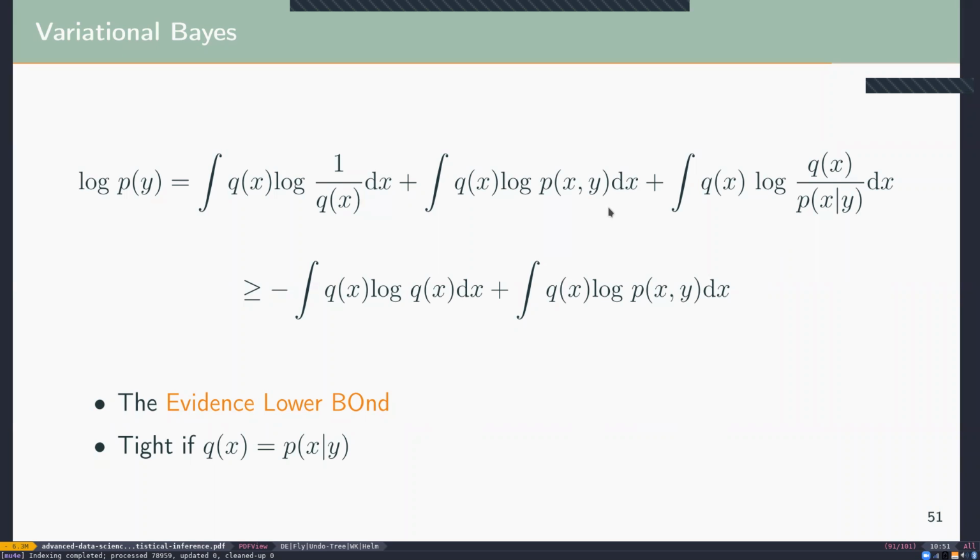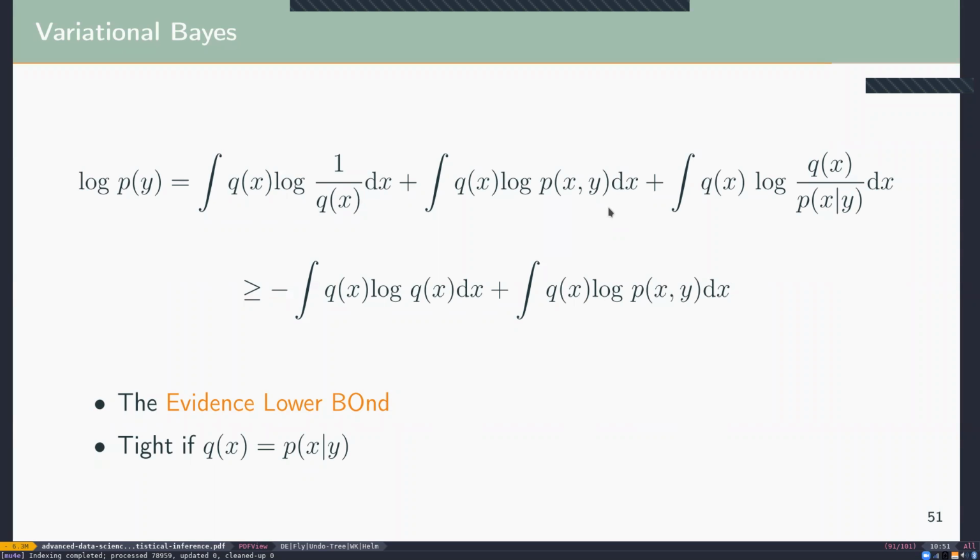And then we've got this last term here. This last term contains the object that we wanted to approximate but don't have. The last integral there is the thing that contains the intractability that we have.